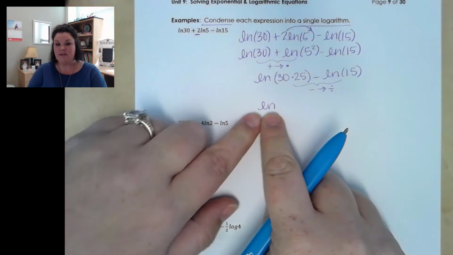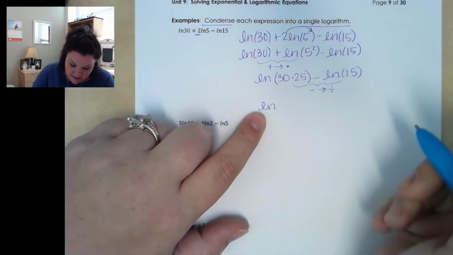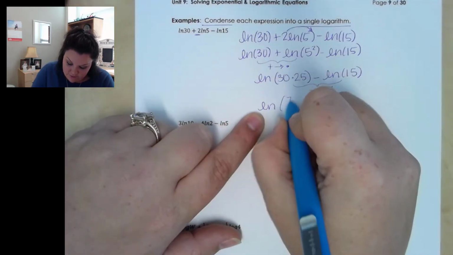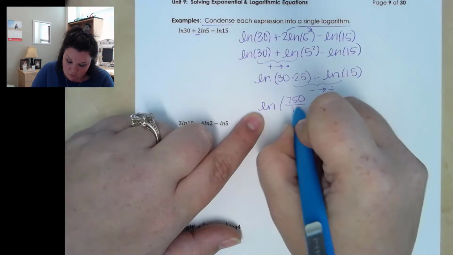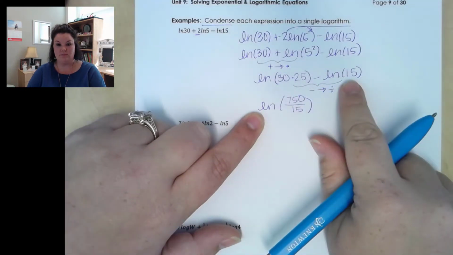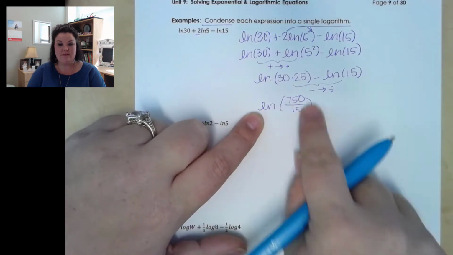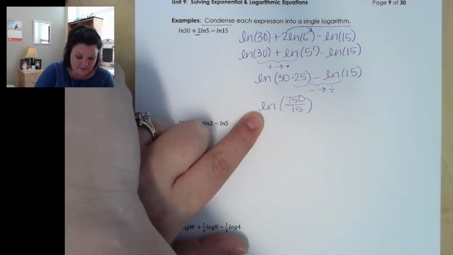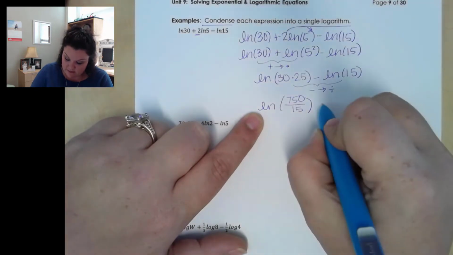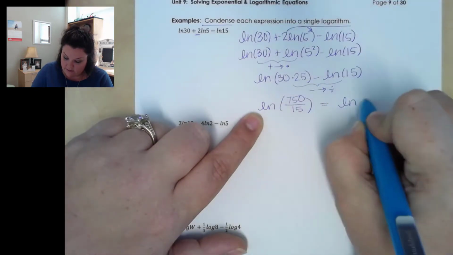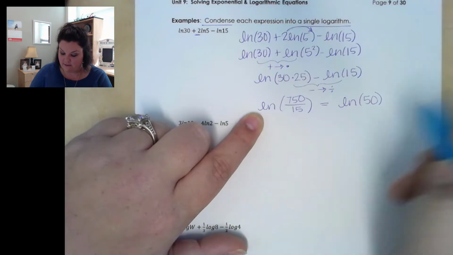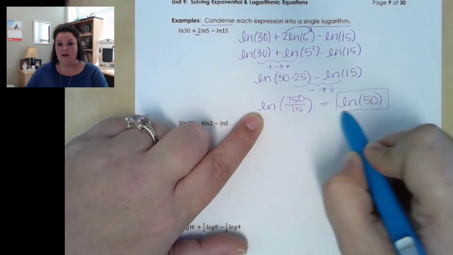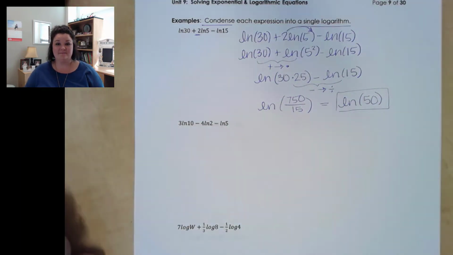So ln, 30 times 25 is 750, and then over the 15, because that one's the one being subtracted. And then I just want to see if this simplifies. 750 divided by 15 is actually 50. So I end up with the ln of 50. Okay, and we just leave it like that.